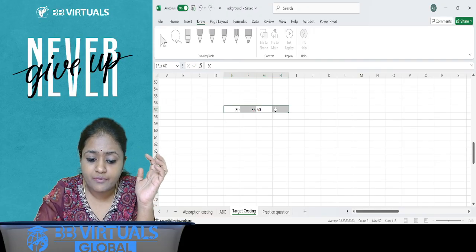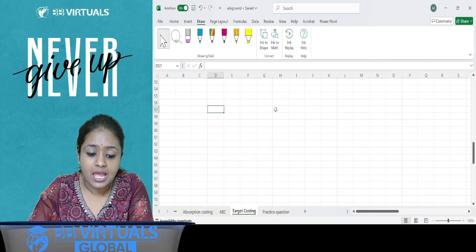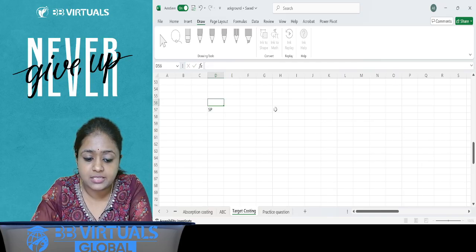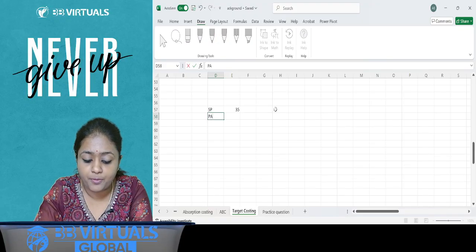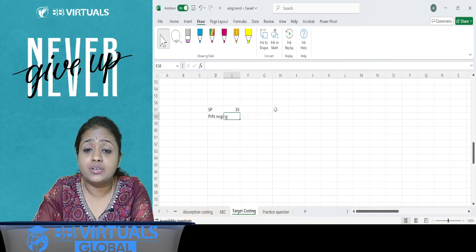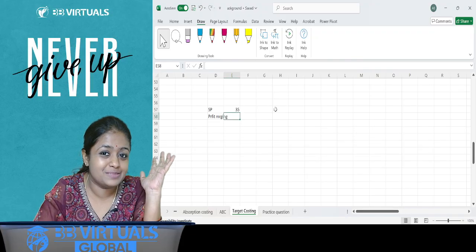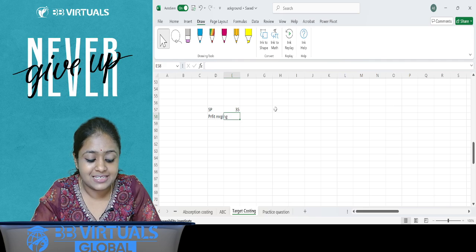Absolutely. I will start with what is the best selling price of this product in the market. Let's say the best selling price is 35, and I say that I want to have a profit margin of 20% at least on the selling price. Now you know what is margin and how we calculate it. We have seen it in our previous class, right?